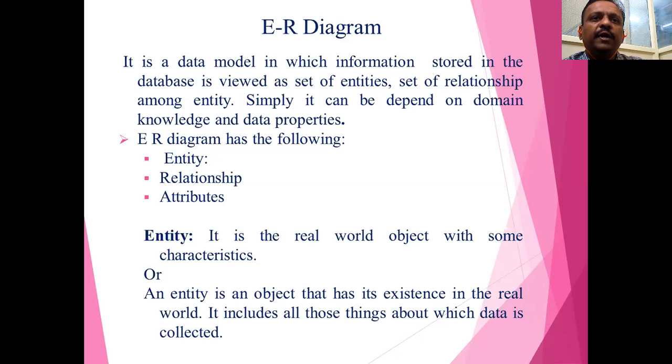An ER diagram contains three basic parts. The first is the entity, the second is the relationship amongst those entities, and the third is the attributes of an entity. Let's discuss each point. What is an entity?